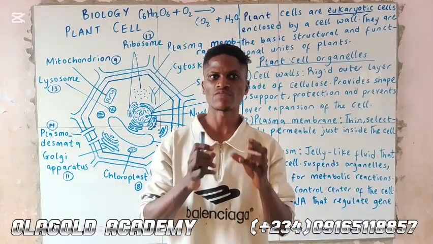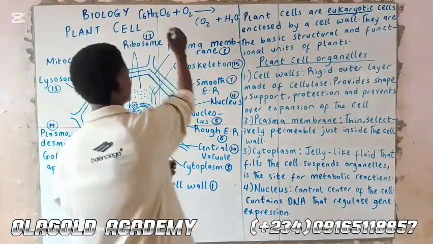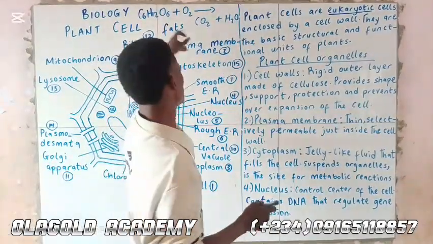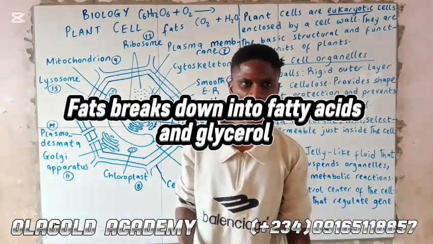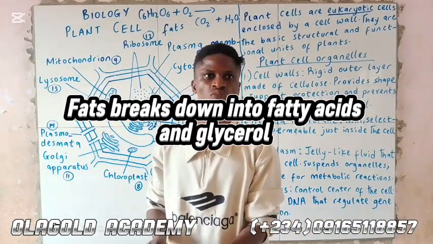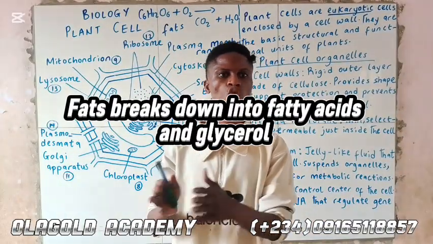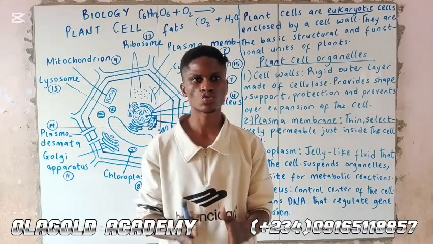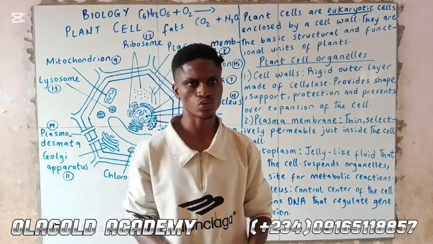Fats are a bigger molecule, and when they break down into fatty acids and glycerol, these are smaller molecules. So catabolism has to do with bigger molecules breaking down to smaller molecules.